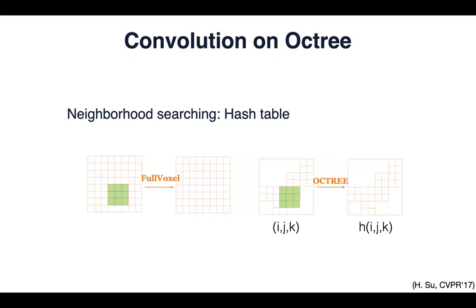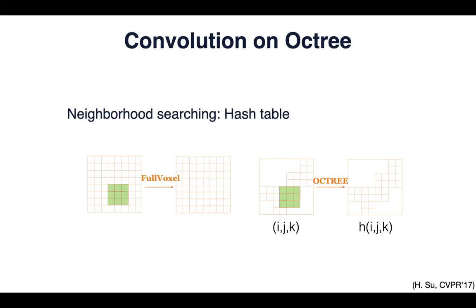And so here's just an example of what we do to do convolution on the octree. We are processing the central element. This is our mask, and we need those neighbors. And for a full voxel grid, this just uses the structure.